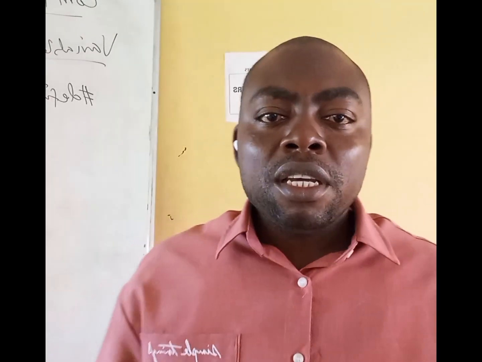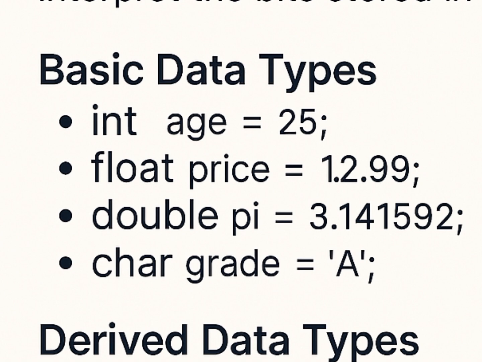Here are the most common ones that we have. We have int. It is used for whole numbers only, like 5, minus 10, 100. These are whole numbers, both negative and positive. Numbers without fractions.